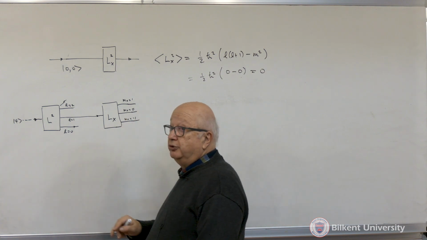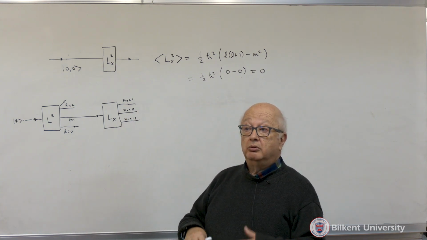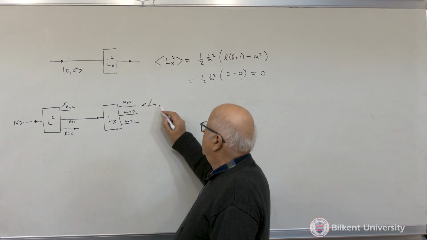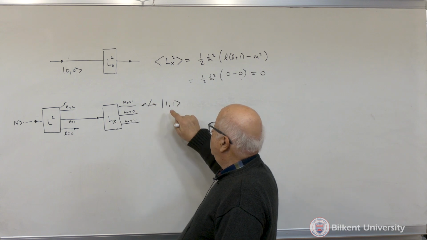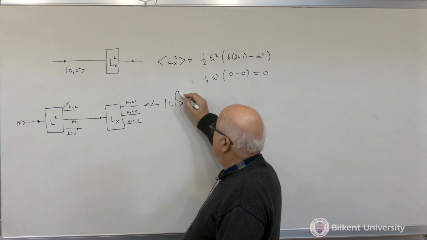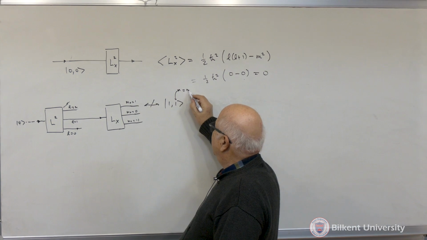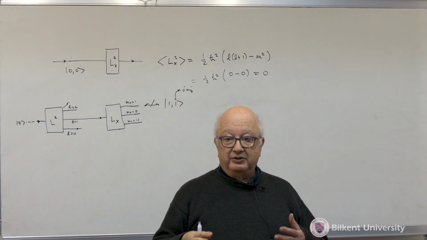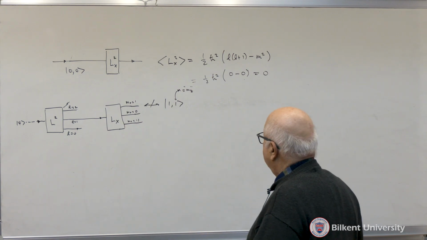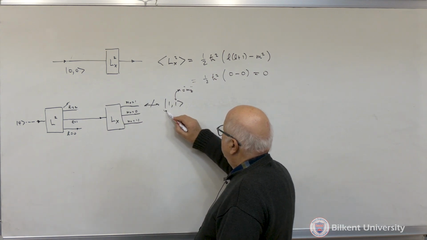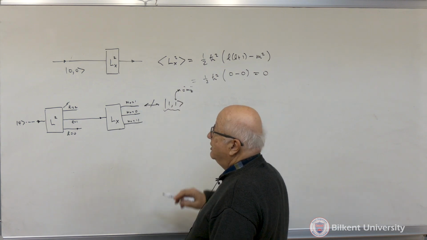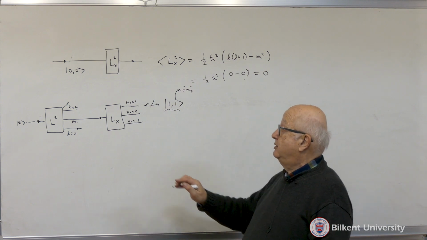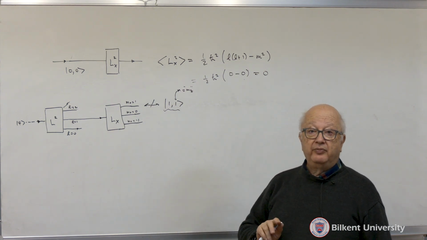They are not represented by 1, 1, because this m is really equal to mz. We never called it mz, but it is for the z direction. So the eigenkets that we are writing here are all eigenkets of L squared and Lz, not L squared and Lx.